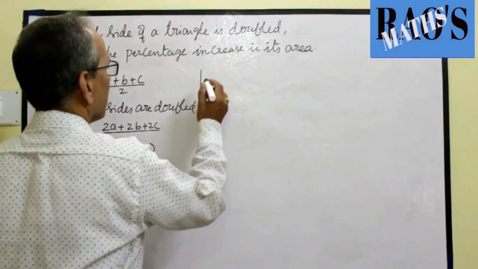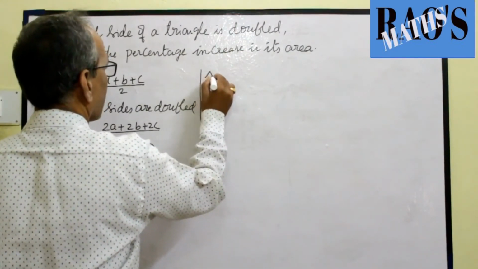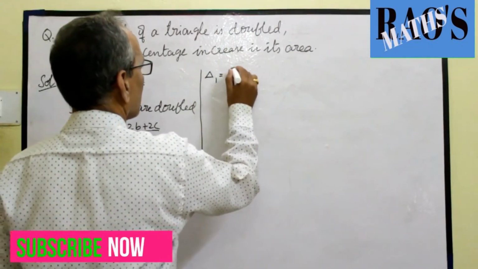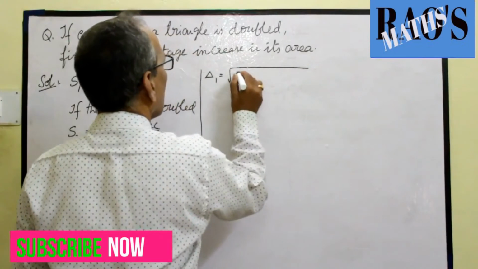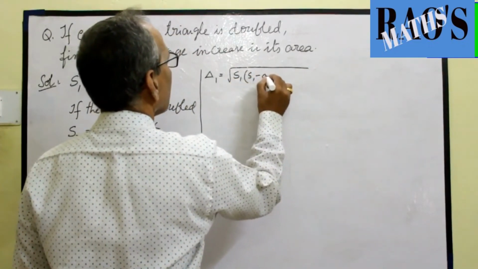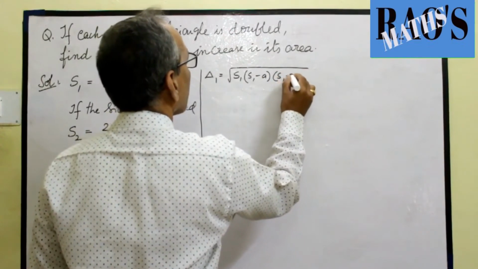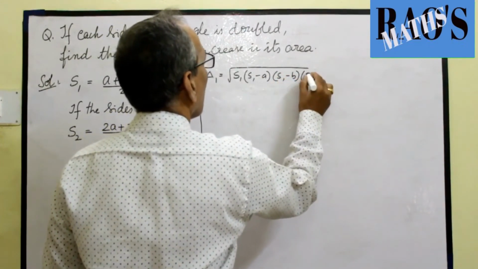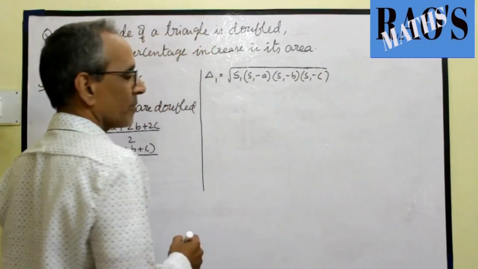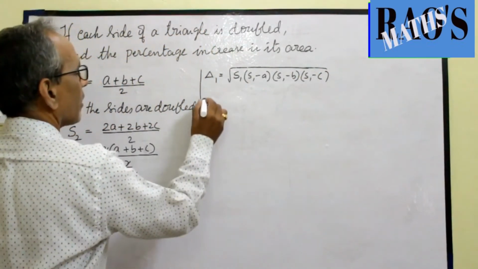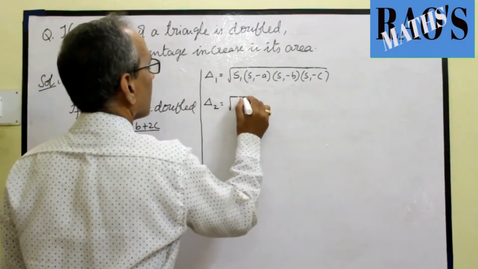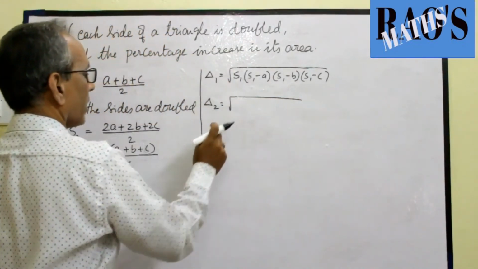Now we find the area of the first triangle. Area 1 is equal to root of S1 (S1 minus A)(S1 minus B)(S1 minus C). No change. Now the area of the second triangle.